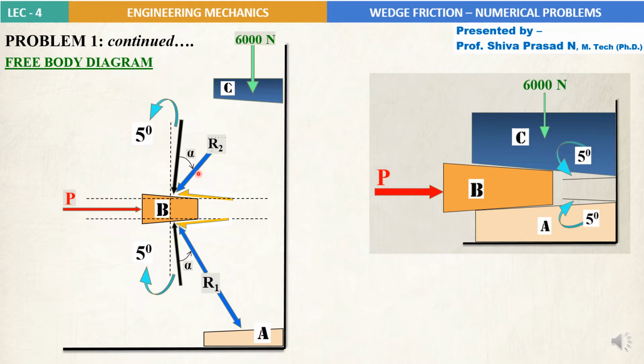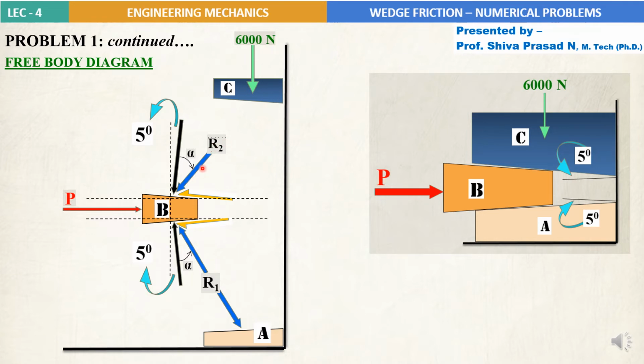Of course the angle between R2 and the normal reaction is alpha, that is angle of limiting friction. Please note here all the black arrows represent normal reaction forces, the orange half arrows represent frictional forces, and the blue arrows represent resultant of friction and normal reaction, that is R1 and R2 in blue color.